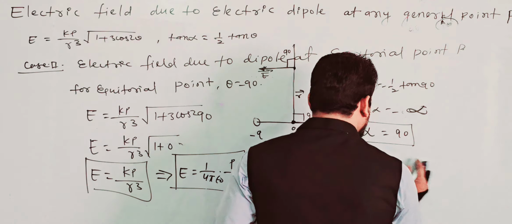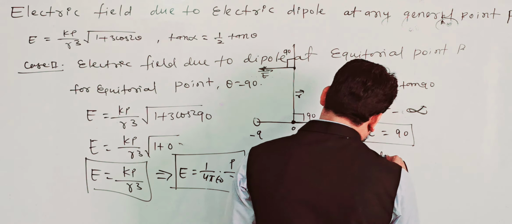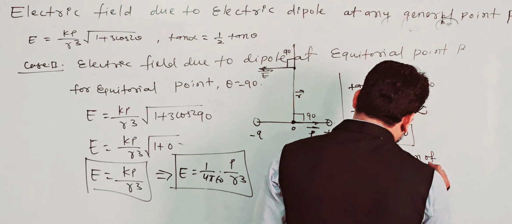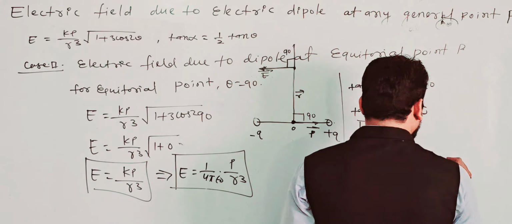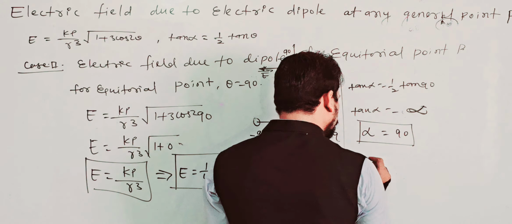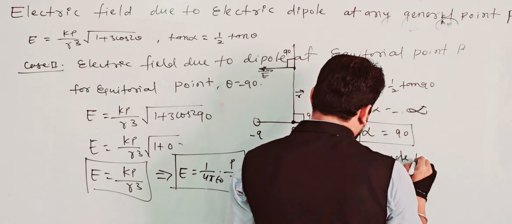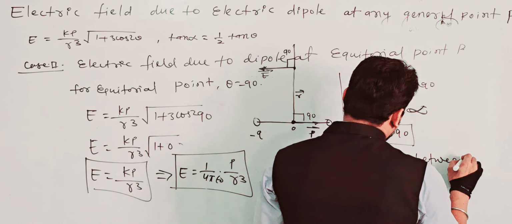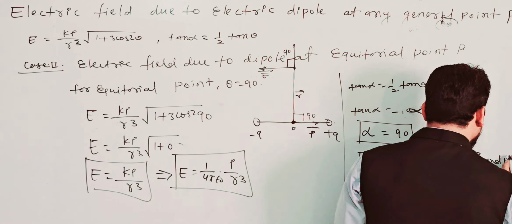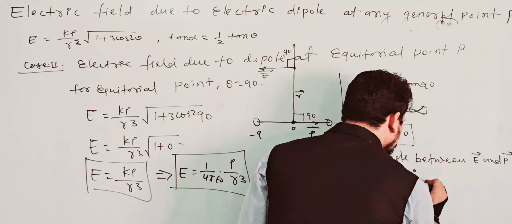So what we can write? We can write the angle between E vector and P vector is 180 degree.